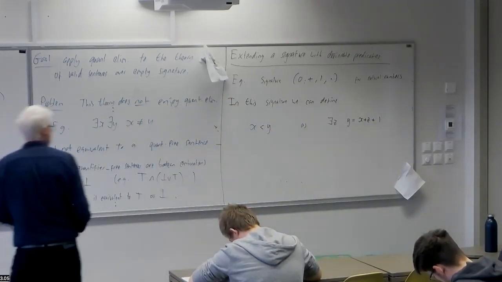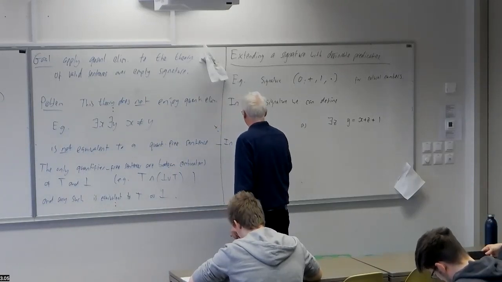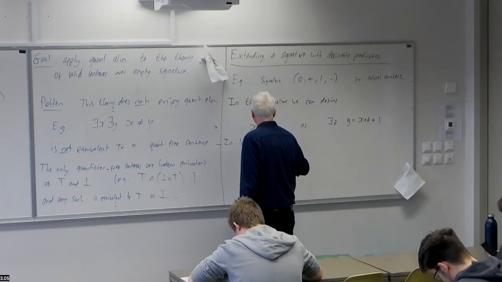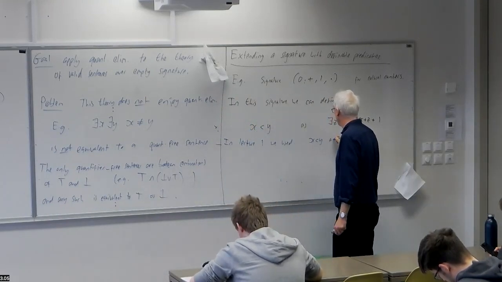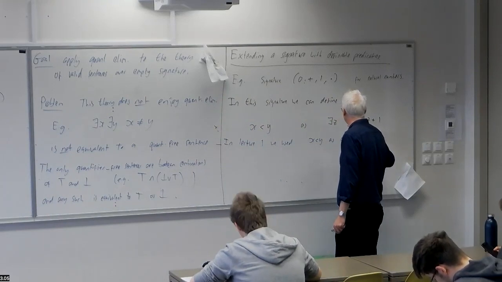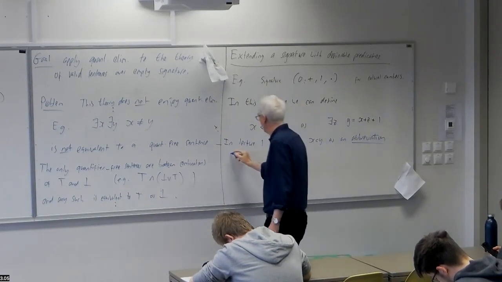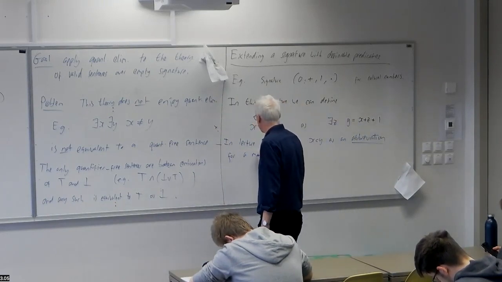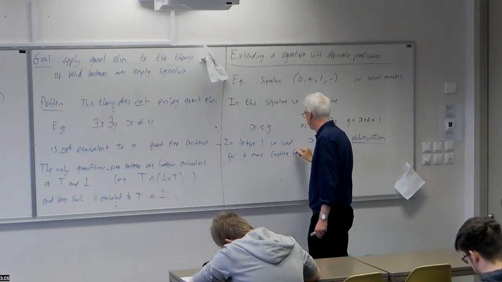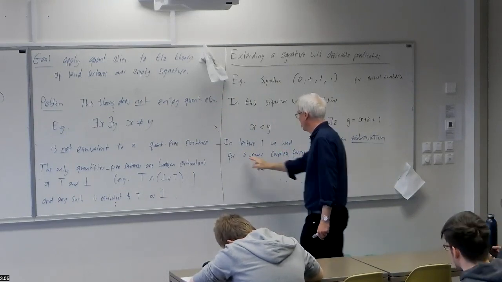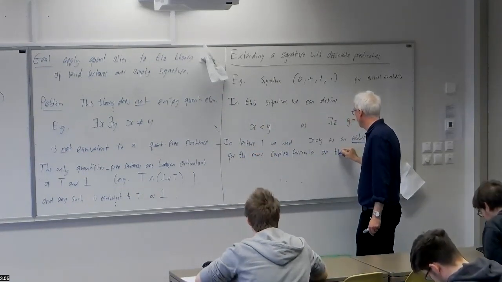So in lecture 1, we used x less than y as an abbreviation for a more complex formula, as above. To be more precise, for the more complex formula on the right.